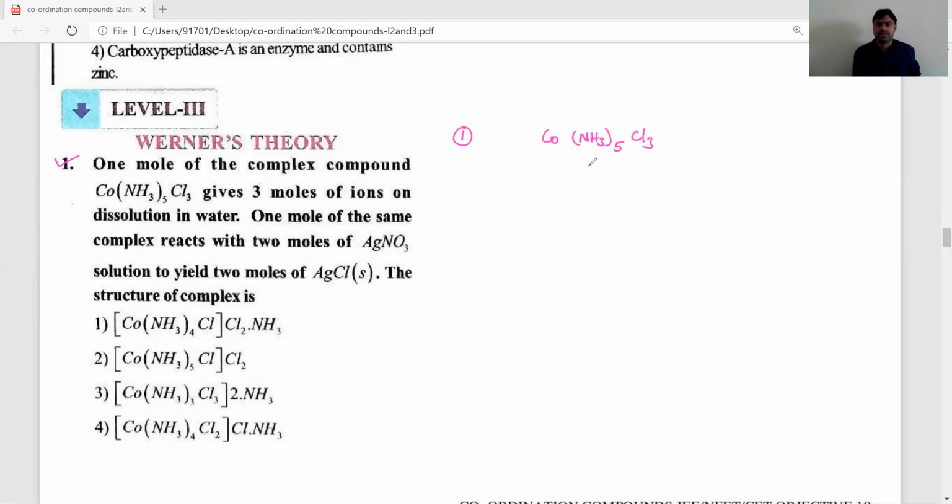whenever it is dissolved in water, forms how many ions, dear students? 3 ions are forming. Whenever it reacts with silver nitrate, AgNO3, it reacts with 2 moles of silver nitrate, forming 2 moles of AgCl.